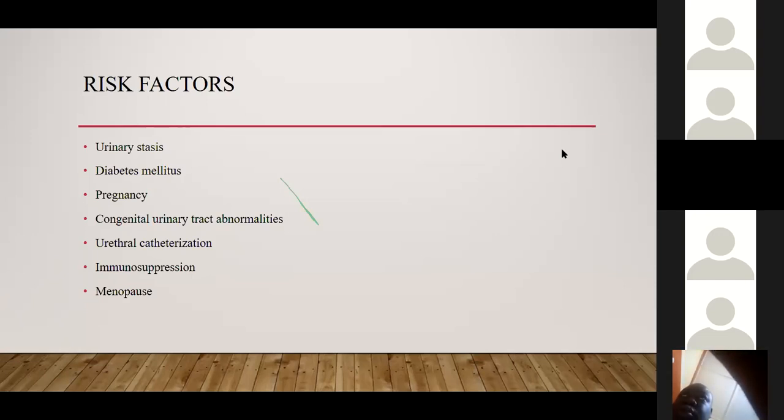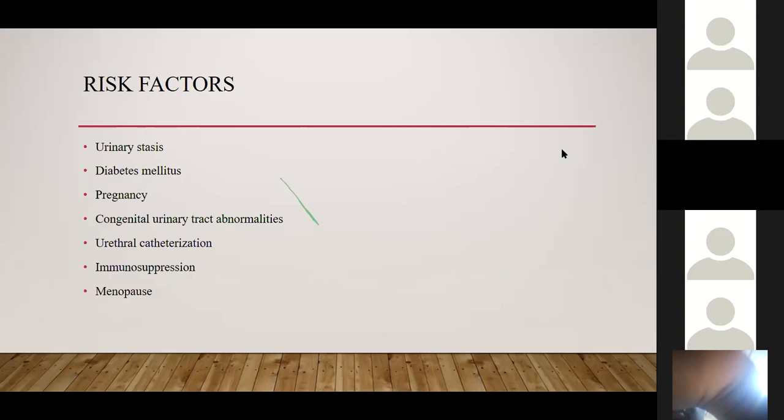And then the pressure in the abdomen is increasing, the baby's head is pushing down on the bladder and whatnot, so it's easier for organisms to traverse, because the bladder and the urethra come down just a little bit more. Organisms are able to traverse easily, and then infection can take place. If you have congenital abnormalities of the urinary tract, which will predispose you to urinary stasis, clearly you're at risk of developing a UTI.